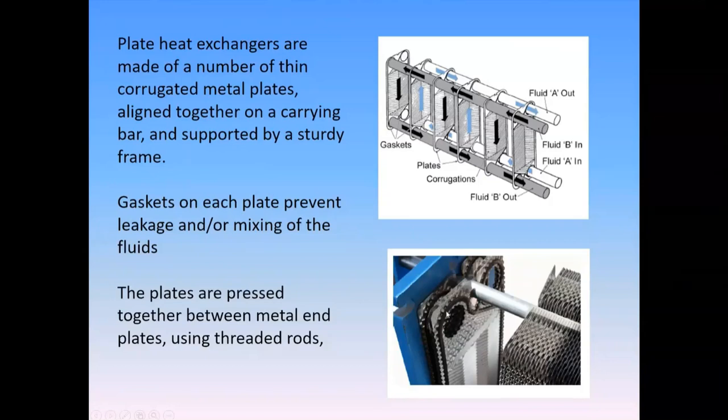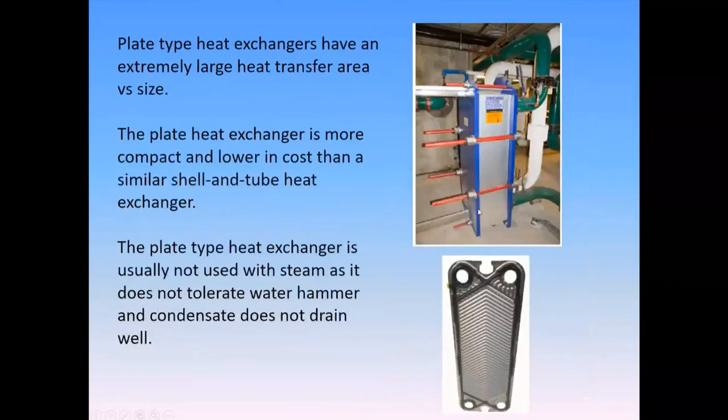In order to keep them from leaking, we have to squeeze them together. And so what we typically have are a couple of big, stiff steel plates that are bolted together that sandwich in all of those little plates. And so we can get into this guy by unscrewing these and opening up the heat exchanger. And we can do a couple things. One, we can go in and clean it.